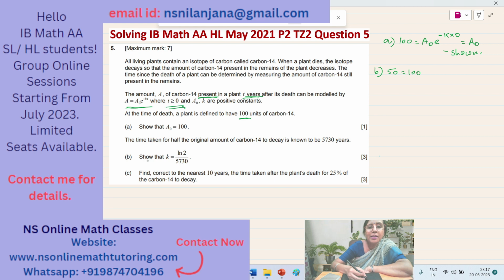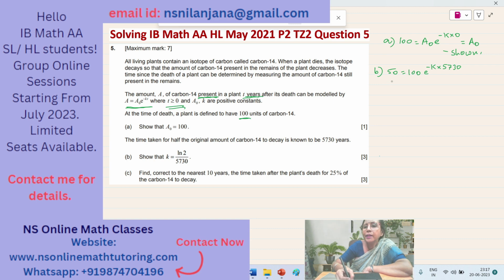And subpart b says show that k is equal to ln 2 over 5730. So we know the t value. So e to the power of minus k times 5730.